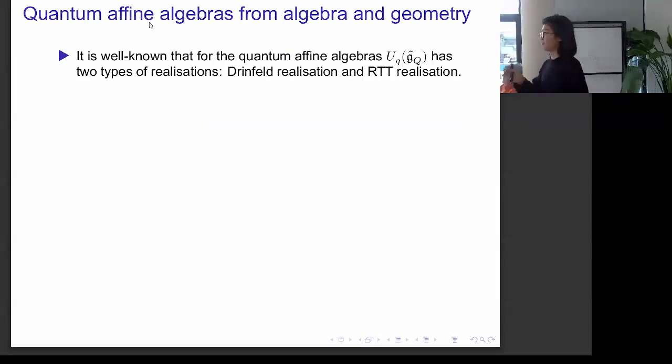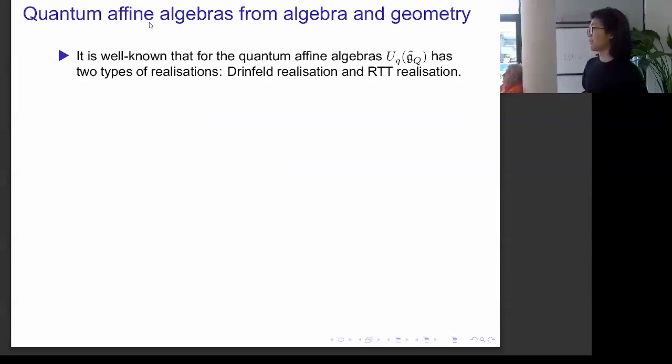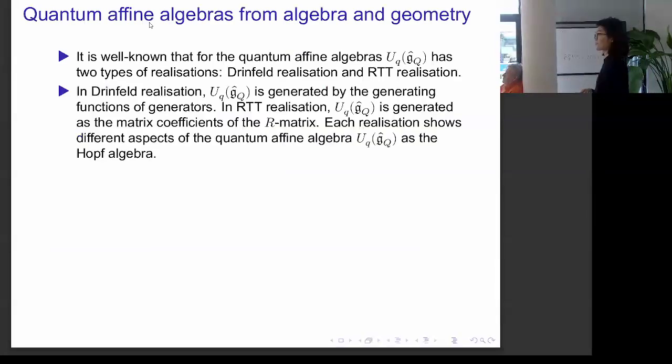This is a very, very rough introduction of this. It is well known that for the quantum algebras, all the quantum groups actually have two types of realization. The first type is the Drinfeld realization, and the second type is the RTT realization. In brief, in the Drinfeld realization, the quantum group is generated by the generating functions of the generators.